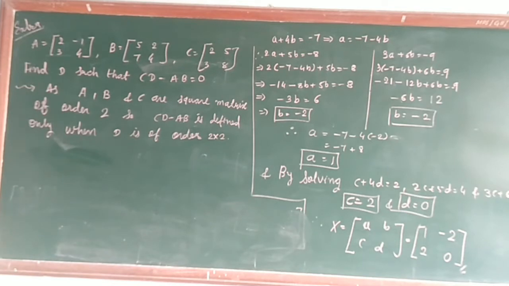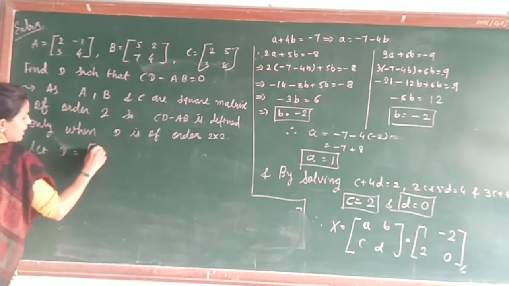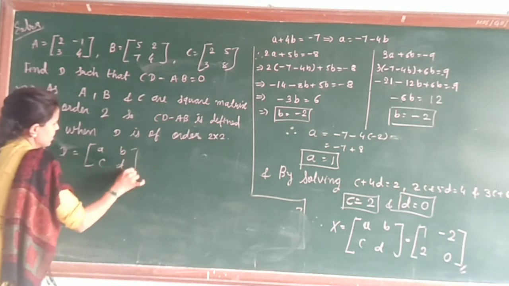So here you have D of the order 2 by 2. So let D be equal to a, b, c and d.